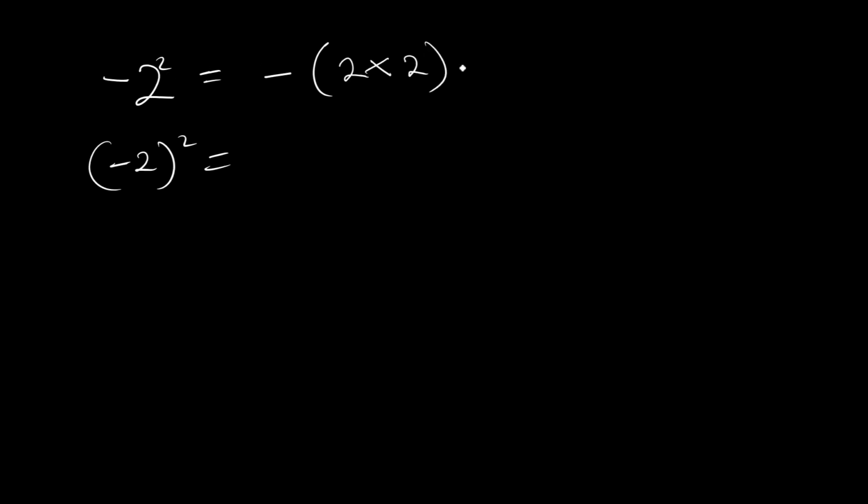Now consider this: minus 2 squared, then minus 2 all squared. Now let's understand this. The first one is the same as negative 2 squared. 2 squared means 2 is multiplying itself, so the top one is seen as negative 4.